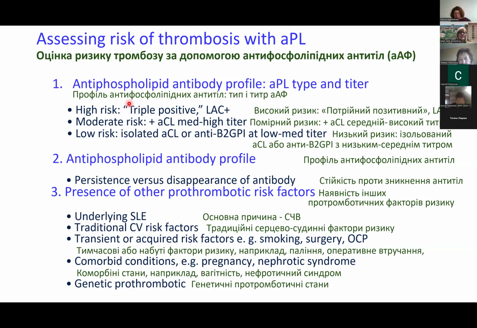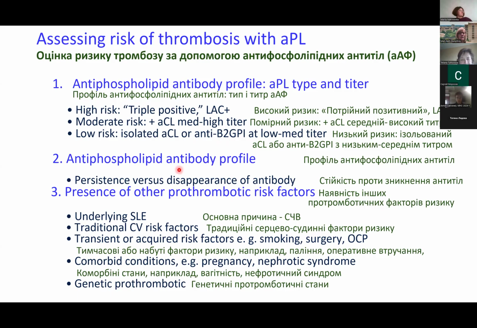These patients have the very highest risk of clotting, so they're going to be more likely to clot than that 2% a year. The moderate risk patients have an anticardiolipin antibody that's medium or high titer. The low risk patients have one antibody, either an anticardiolipin antibody or anti-beta-2 glycoprotein, but at a low to moderate titer, so not at the real high titer.